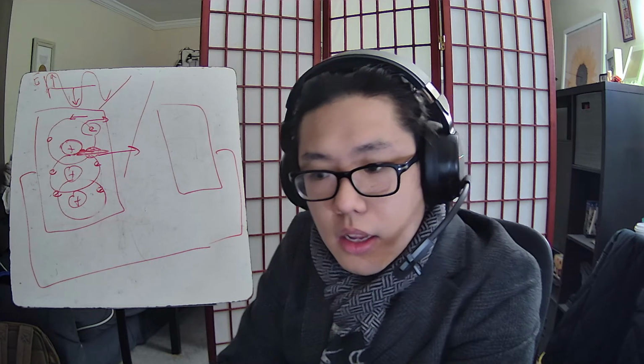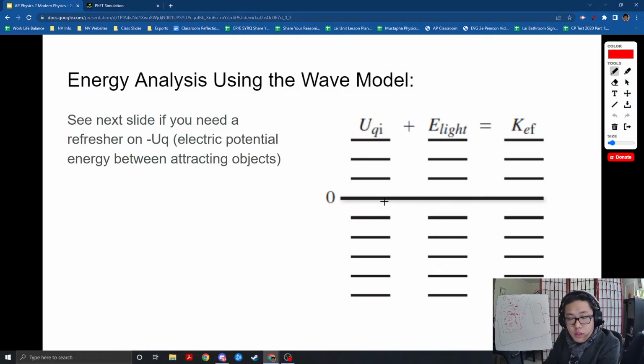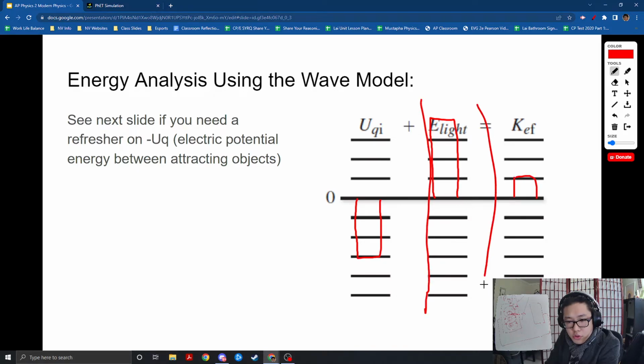Now, if we go back to the bar chart, we could actually see that this negative electric potential energy, well, it seems like the light has to provide enough energy to kick out an electron. We could see that once again, this is a conservation bar chart. The beginning energies plus the changes from something external. So our system would be the proton and electrons right over here.